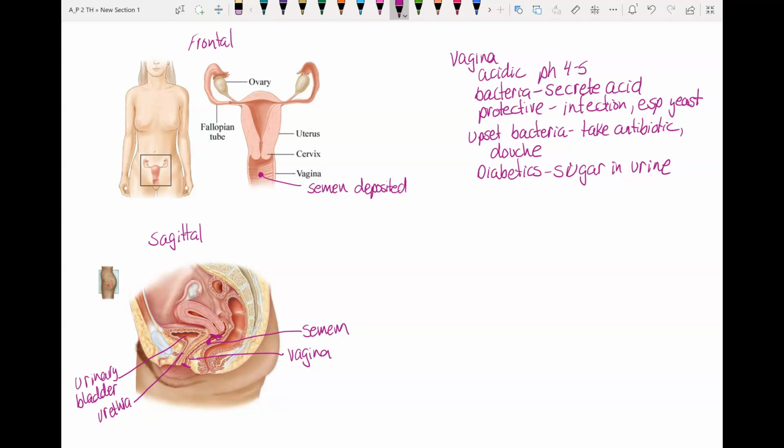Notice the urethra, right here is the urethral orifice, and right here is the opening to the vagina. So they are separate, but if there is sugar in the urine, some of that sugar-laden urine can travel over and get into the vagina, and that sugar will feed yeast and cause yeast to grow.